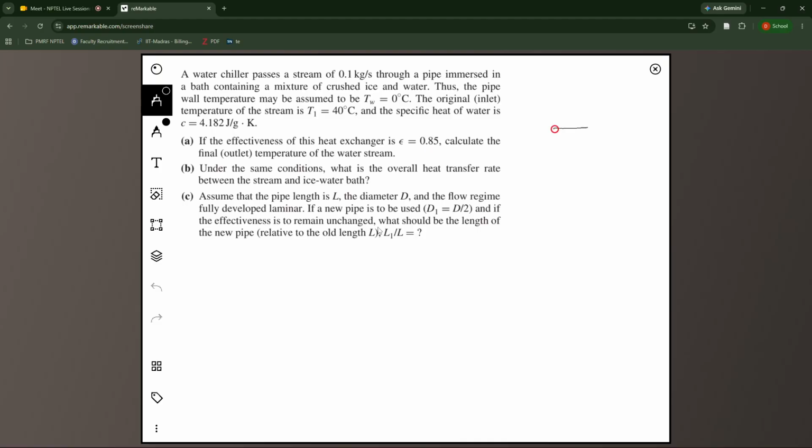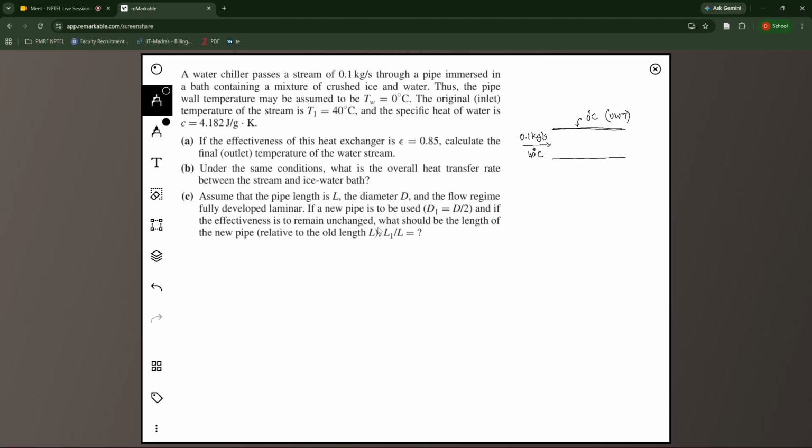So you have a pipe, and the inlet mass flow rate is given as 0.1 kg per second, and it is coming in at 40 Celsius and these walls are at 0 Celsius throughout. So it is a UWT case, uniform wall temperature case.